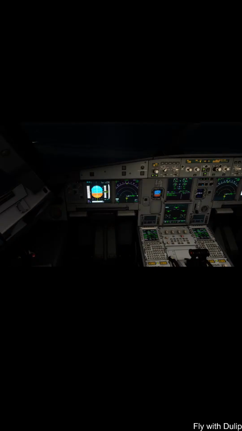SriLankan 103, report established on localizer runway 36. Report when established on localizer runway 36, SriLankan 103.